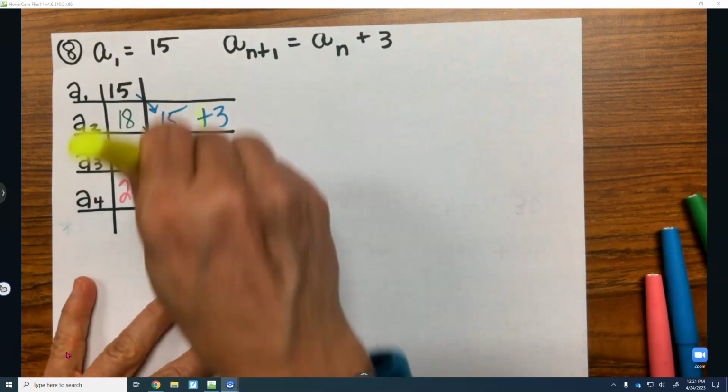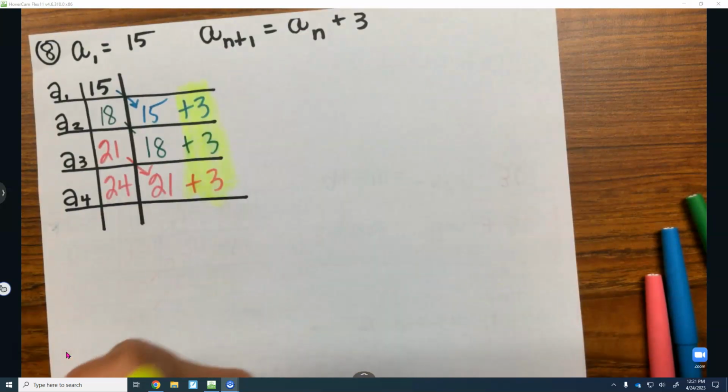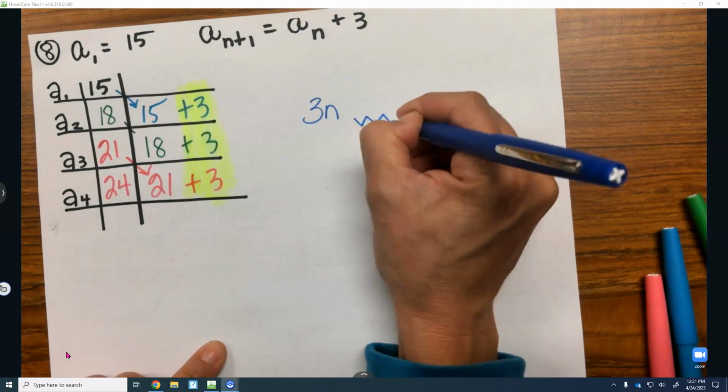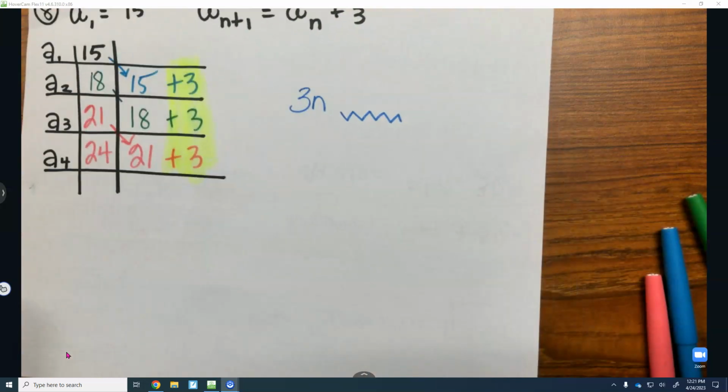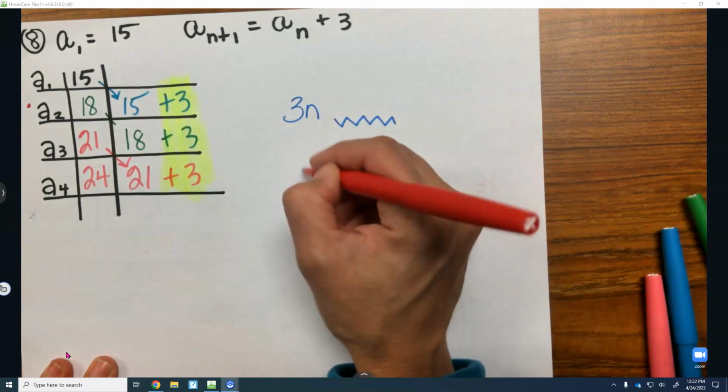And recursive rules, they're always the same, guys. Whatever we're adding or subtracting is going to be the number in front of the letter N. So this is going to be 3n, and then we need to find an adjustment. Just for fun, I will pick a sub 2.